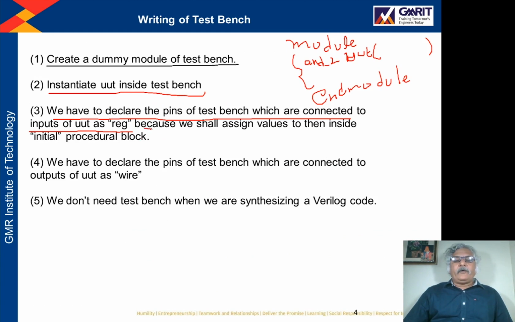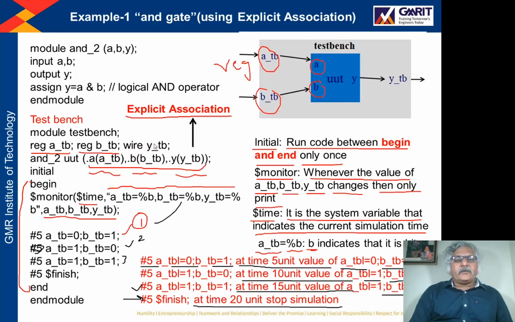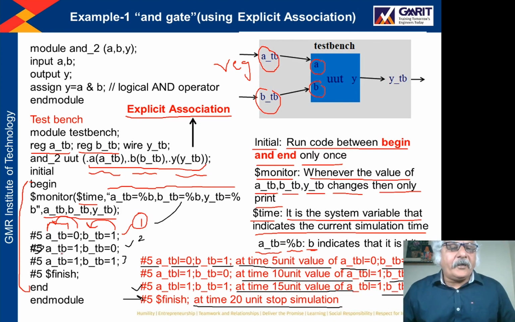Why? Because we shall assign values to them inside the initial procedural block. See here, we are assigning values to a_tv, a 0 value is assigned to this. Same way to b_tv, 1 is assigned. Since we are assigning values to a_tv and b_tv inside the initial block, that's why we have to declare them as reg type.